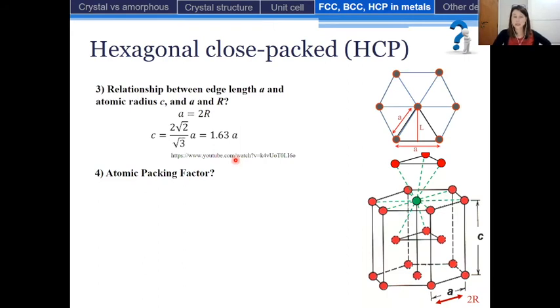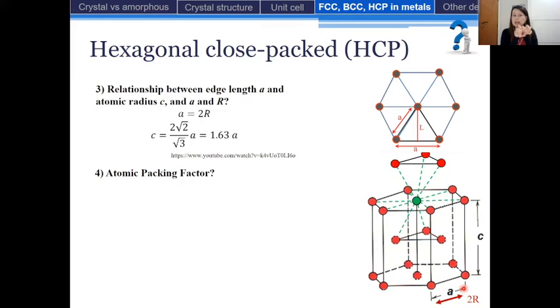Then to calculate the relationship between edge length a and atomic radius R, and the relationship between edge length a and edge length c, sorry, I made a mistake. In fact, it's very easy to calculate the relationship between a and R, because along this corner the 2 atoms touch each other in the first layer, in the bottom layer, they are packed together, and along the corner of the hexagon we have 2 atoms that touch each other.